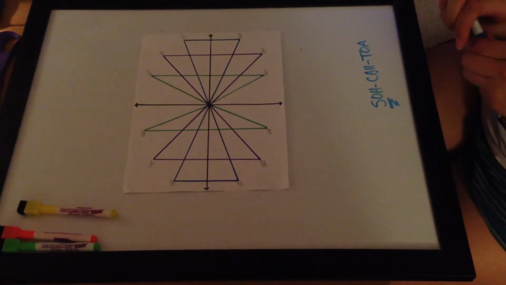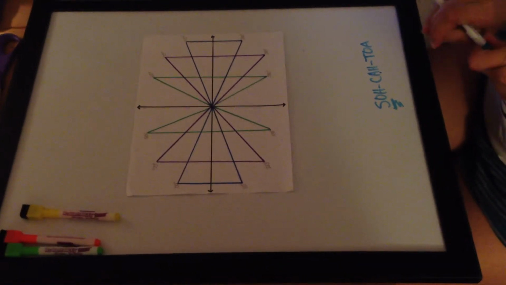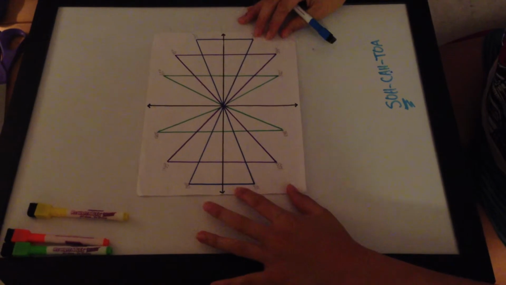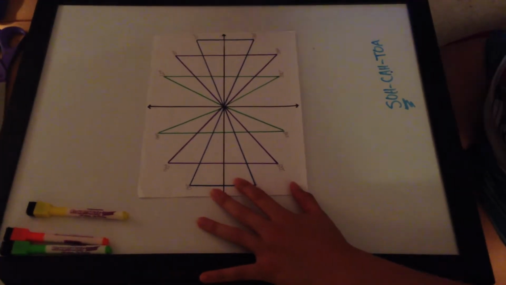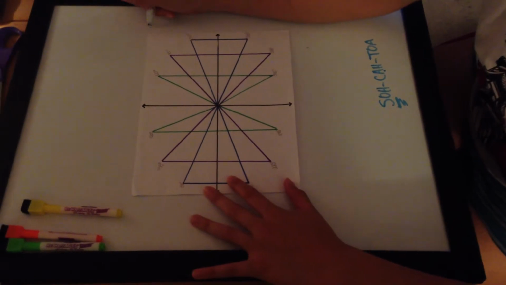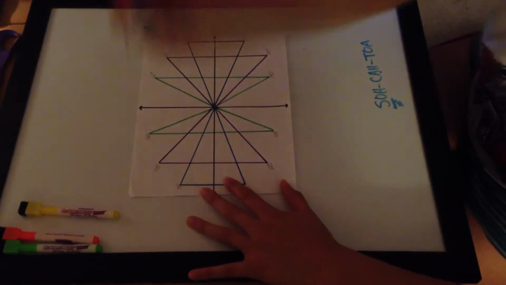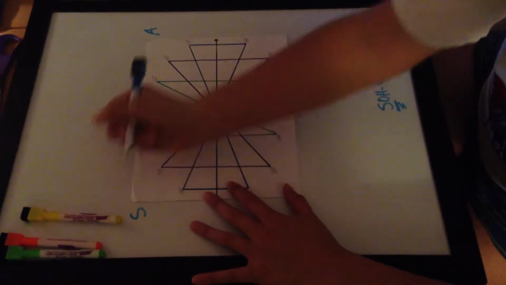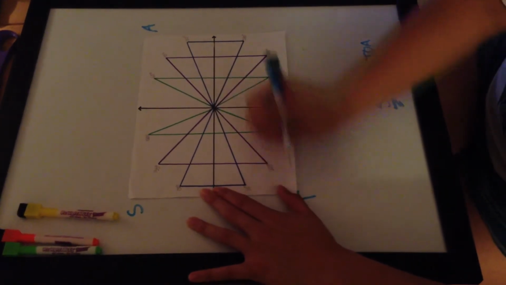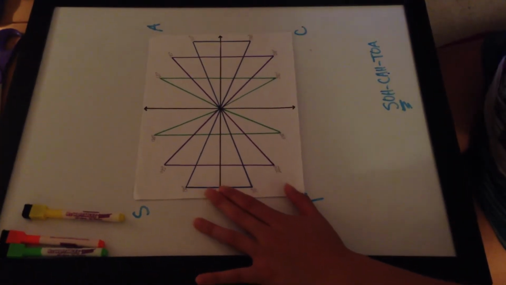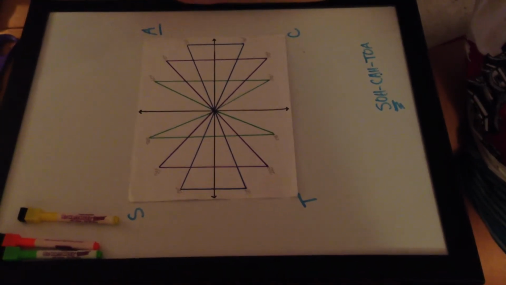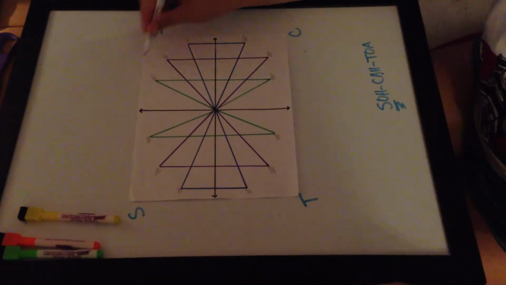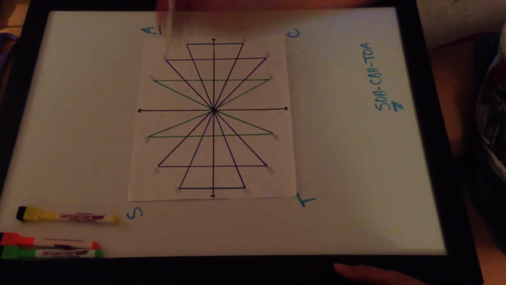So, there's one very important thing to remember when dealing with the trig ratios on these axes, is that all students take calculus. This means that in this quadrant, the first quadrant, all of the ratios will be positive.